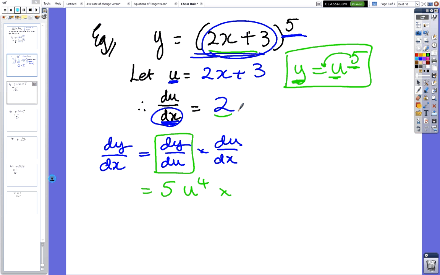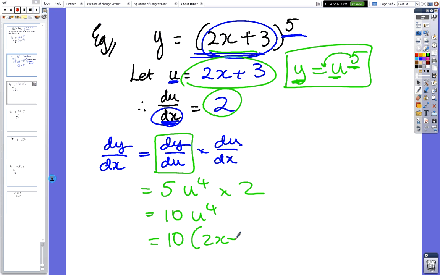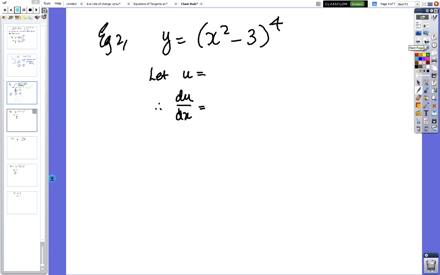And then du dx is 2. Then 5 times 2 is 10, u to the 4, and at the end we just bring back what u is, and we're done. Anytime we have a power, doesn't matter what the power is, we just let the bracket equal u. So copy that and come across and do some more examples, and then I'll show you the shortcut.